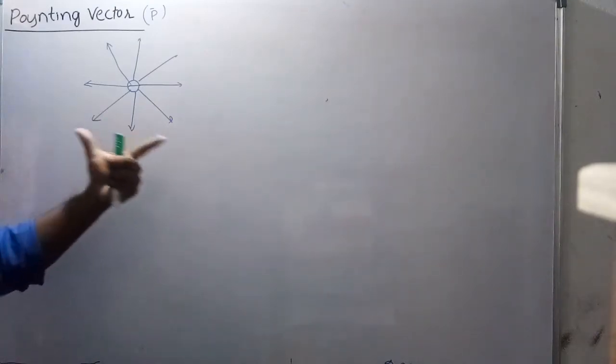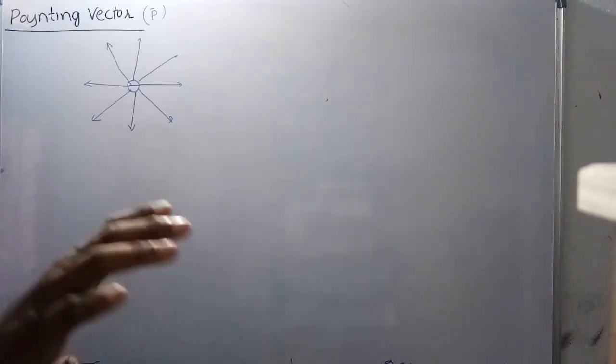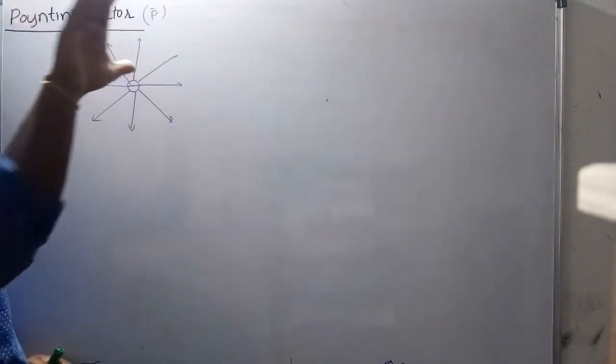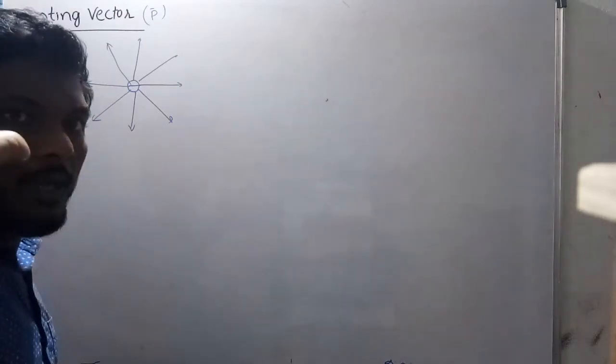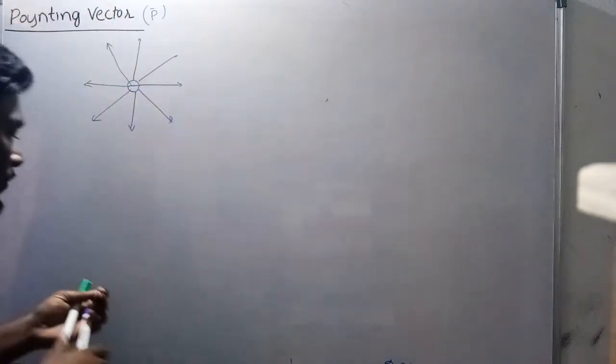Whenever this charge is moving, it produces a magnetic field. The direction of the magnetic field is determined with the help of the thumb rule. Suppose this charge is moving into the board; the direction of current is represented by the right hand thumb rule, and the curled fingers show the magnetic field direction.